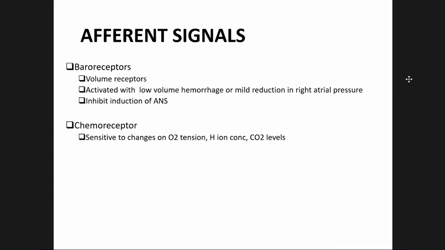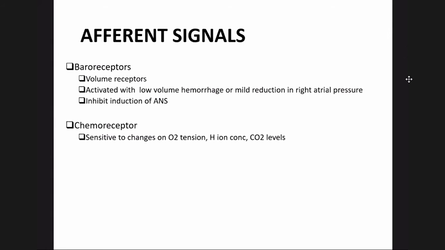So we have here afferent signals. Afferent impulses transmitted from the periphery are processed within the central nervous system and activate reflexive effector responses, or efferent impulses.